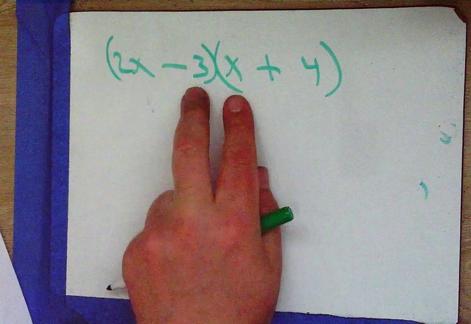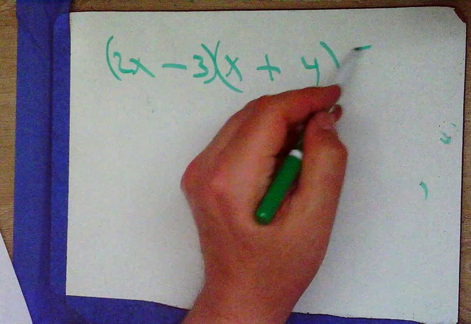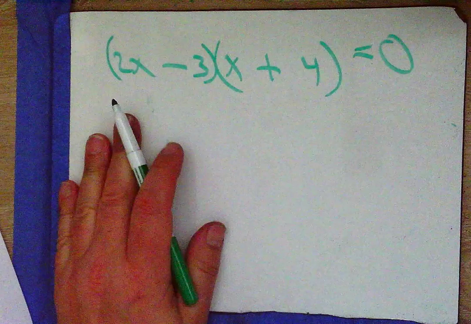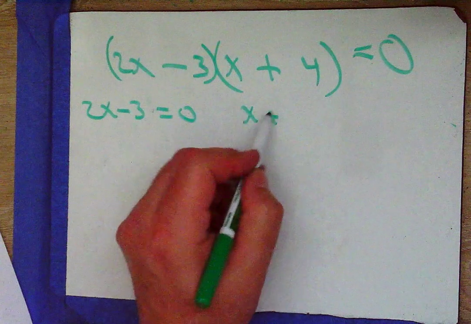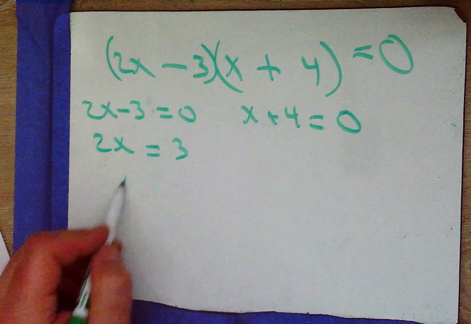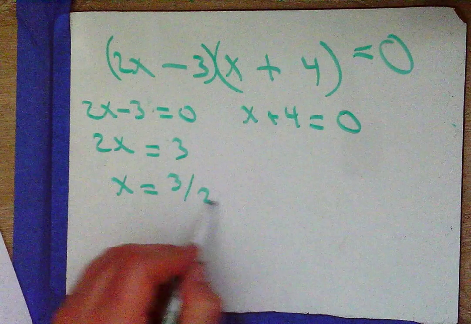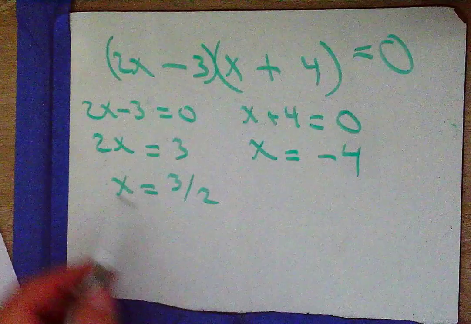Okay, so that's minus 3x plus 8x is going to be plus 5x. There's my minus 12. Remember, we're solving, so we're not done yet. We have to set each factor equal to 0. So here I'm going to have 2x equals 3, or x equals 3 halves. And I have to subtract 4 from both sides, so I get x equals negative 4.